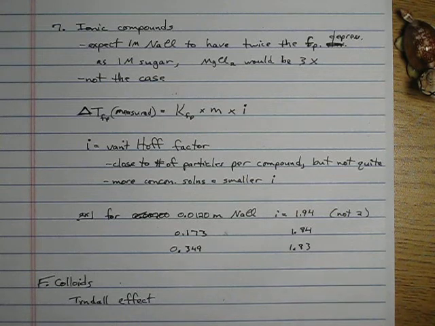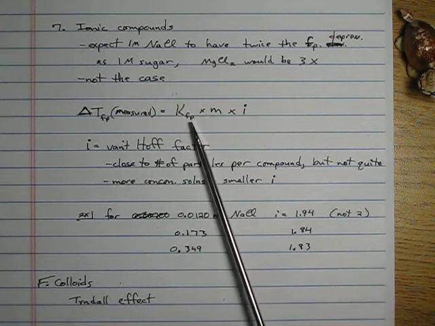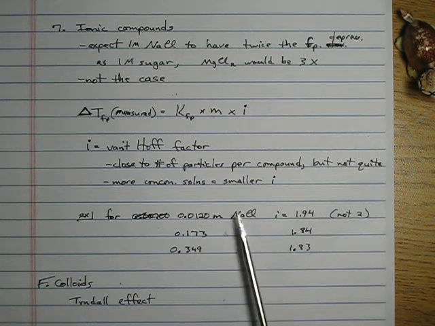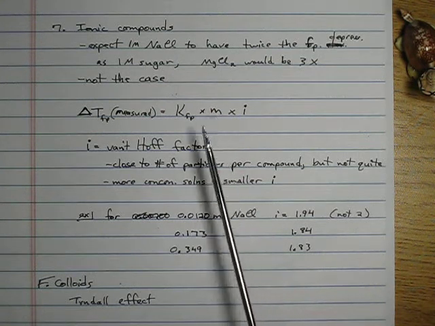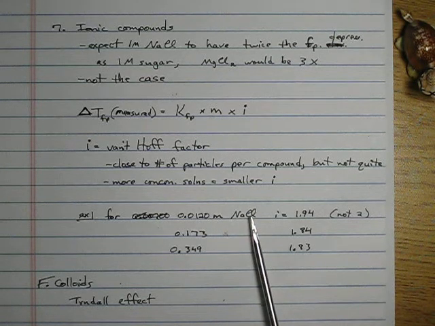So here's a little table, and let's see what this means. Say we had a 0.0124 molar sodium chloride solution. Normally, for freezing point depression, we'd say the change in freezing point equals a constant times the molality, but sodium chloride would be 2 molal in particles, so we'd expect twice the molality of sodium chloride because it's 2 particles.